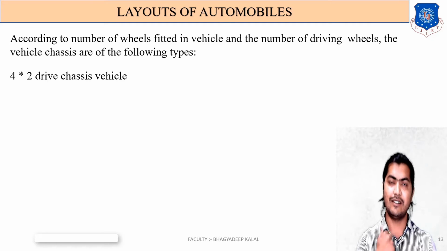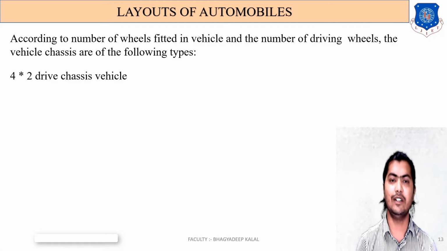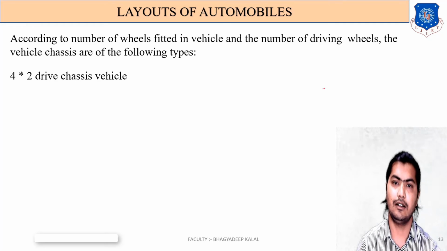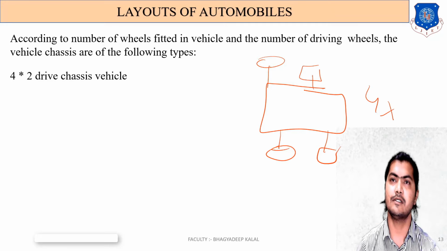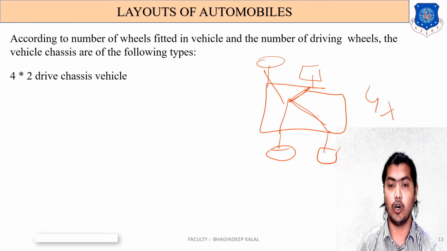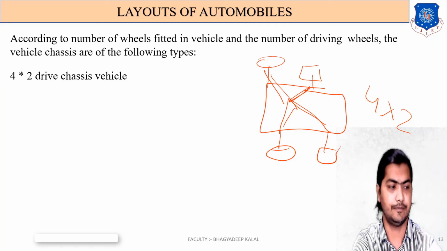That means power is transmitted to two front wheels or two rear wheels. If this is our vehicle and these are the four wheels, the 4 indicates the wheels, and if power is transmitted to these two wheels or these two wheels, then it is called the 4x2 drive chassis system.